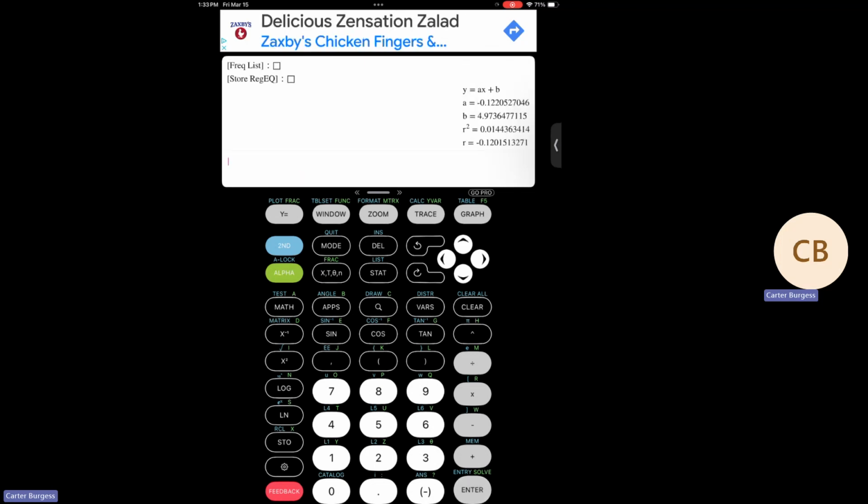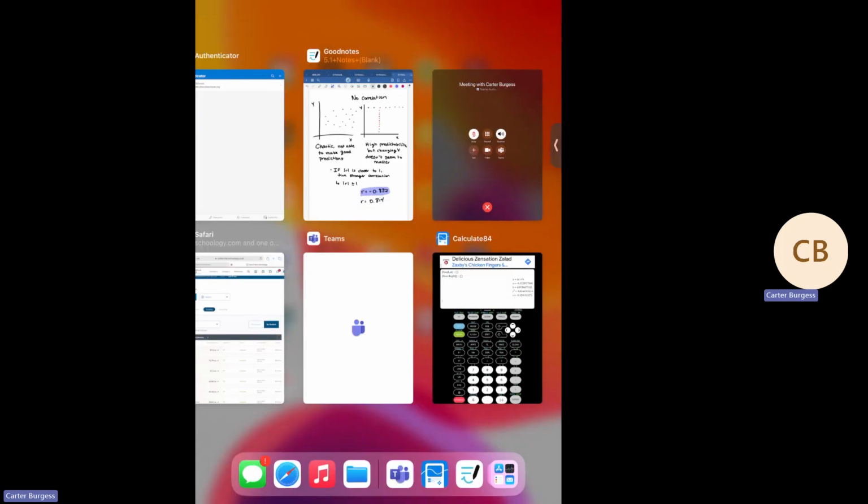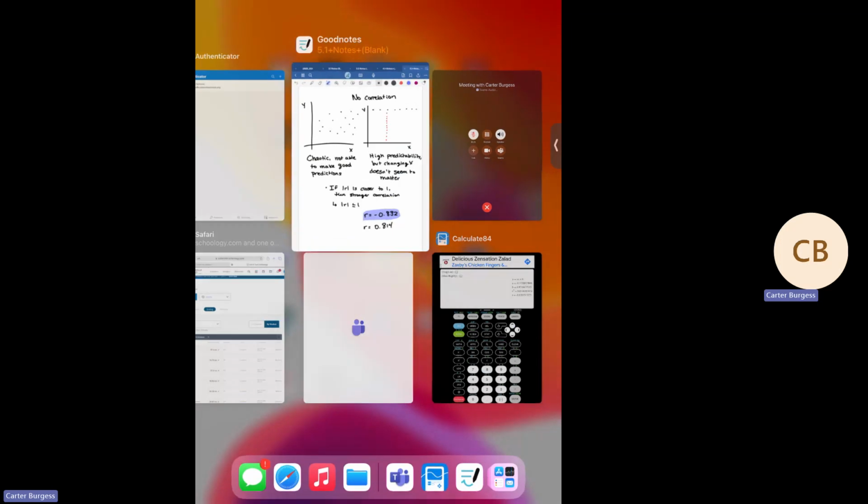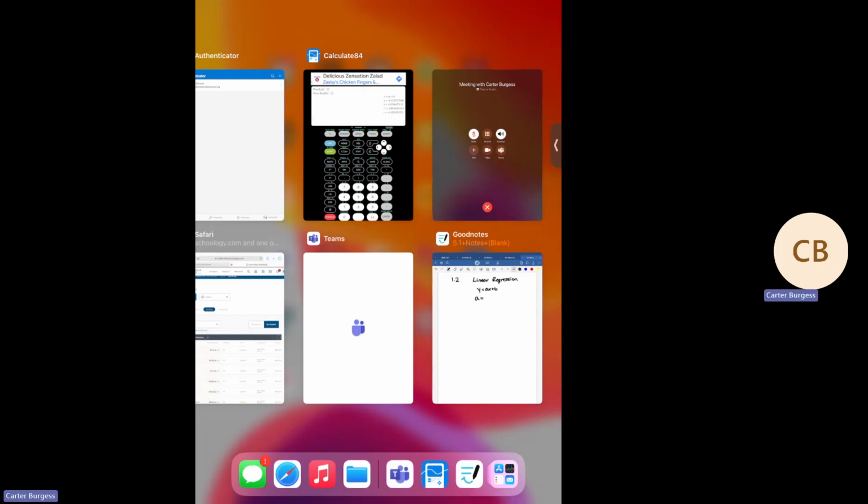Okay, and in this case, I get a bit of information here. We get a couple of things. This is going to be slightly spilling over into 1.2, so we'll go ahead and start this. This is our linear regression. This was y is equal to ax plus b. We got an a value of negative 0.1221.